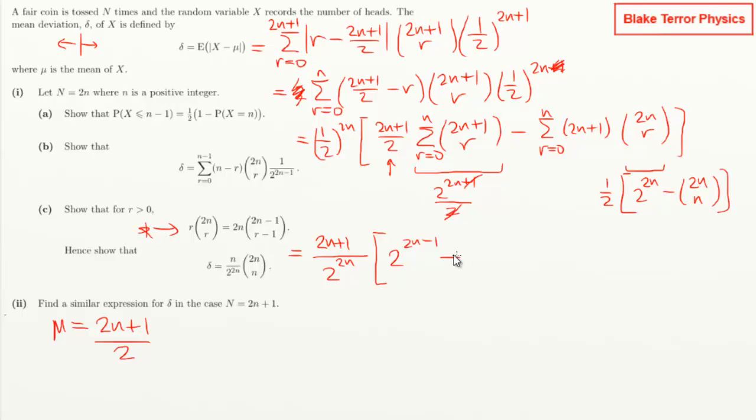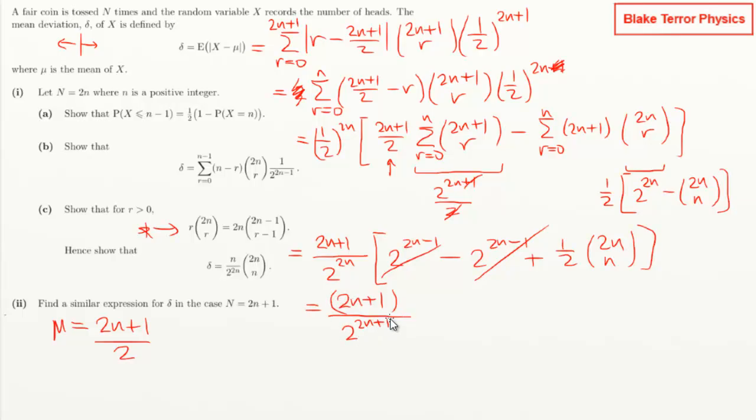And then I need to take off 2 to the 2n minus 1. So that's good. And then I need to add on a half of 2n choose n. Right. So they've cancelled. So I've got 2n plus 1 over 2 to the 2n plus 1. So I've got lots of 2n plus 1s around. 2n choose n. Right, that's great.